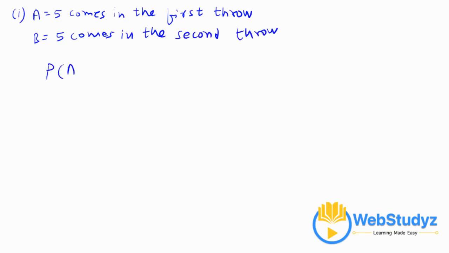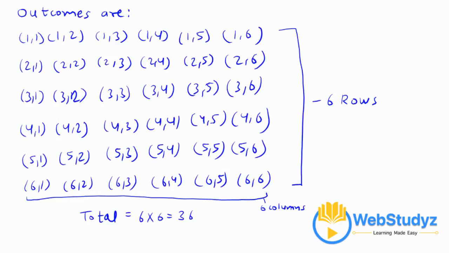So probability of A will be 6 out of 36, and similarly probability of B, when 5 comes in the second throw, will again be 6 out of 36. As we can already see in this table, the 5 comes in the first throw total 6 times, and again when 5 comes in the second throw, it is again 6.